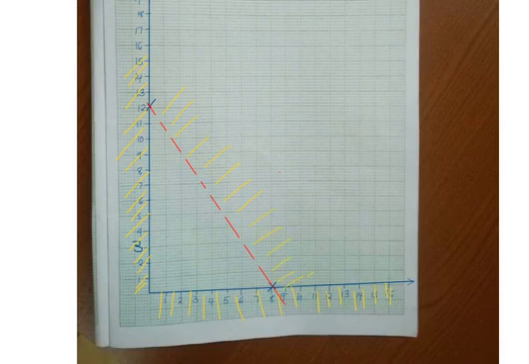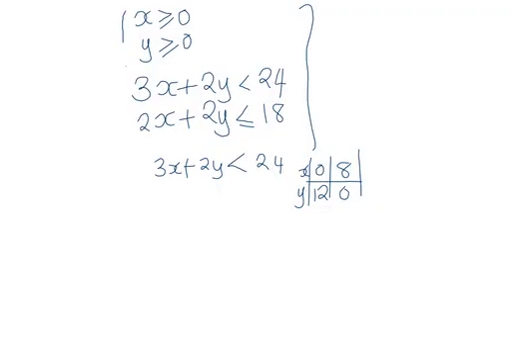We also plot the other inequality, where we have 2x plus 2y less than or equal to 18, which can be simplified by dividing by 2 to become x plus y less than or equal to 9.